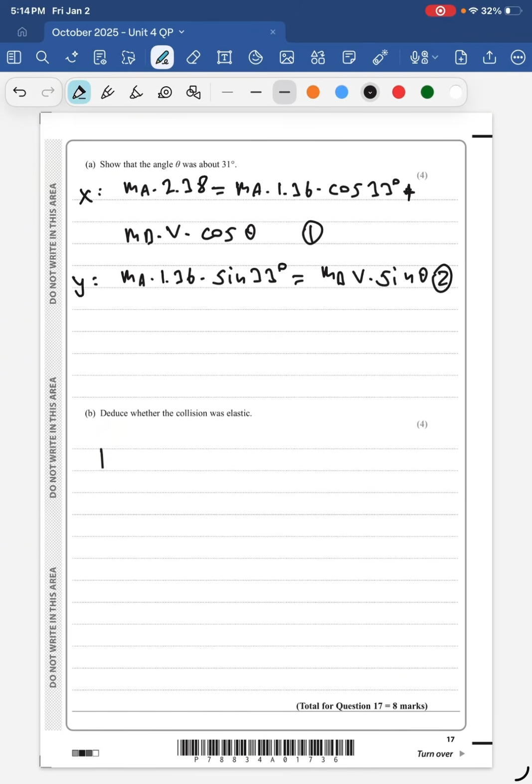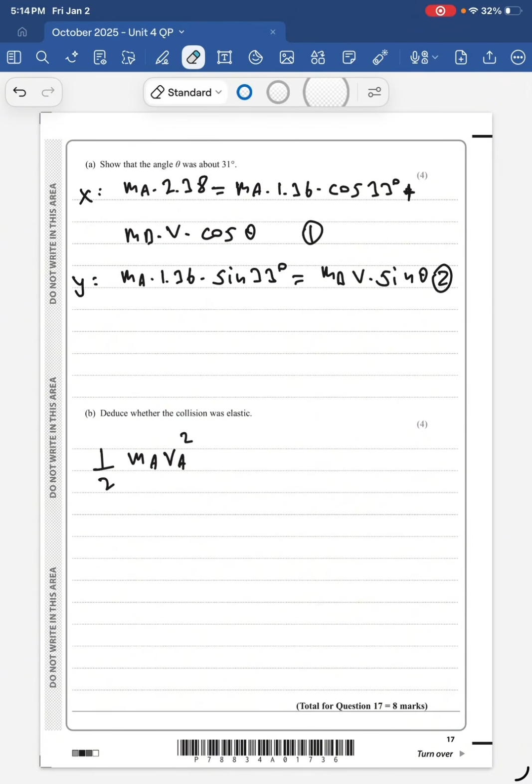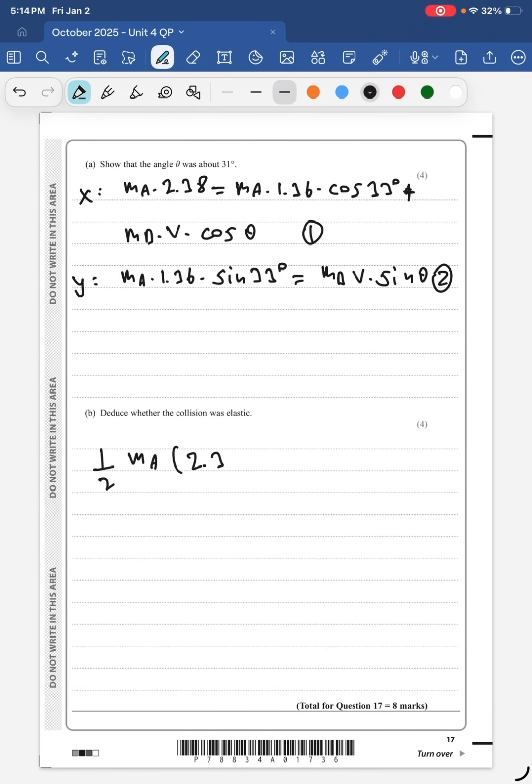So we need to find 1/2 ma va squared, which is the initial kinetic energy. Let me erase that, it's confusing. If we carry on the calculation, let me write this as 2.38 squared. So this is 127.45 joules.